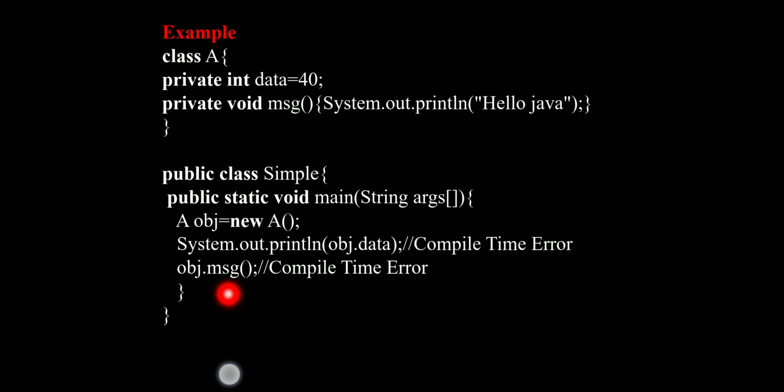This also gives a compile time error, because these two variables and methods are private in another class, and we cannot access private members outside the class. The private access modifier is allowed within the class. Its scope cannot be accessed outside the class.